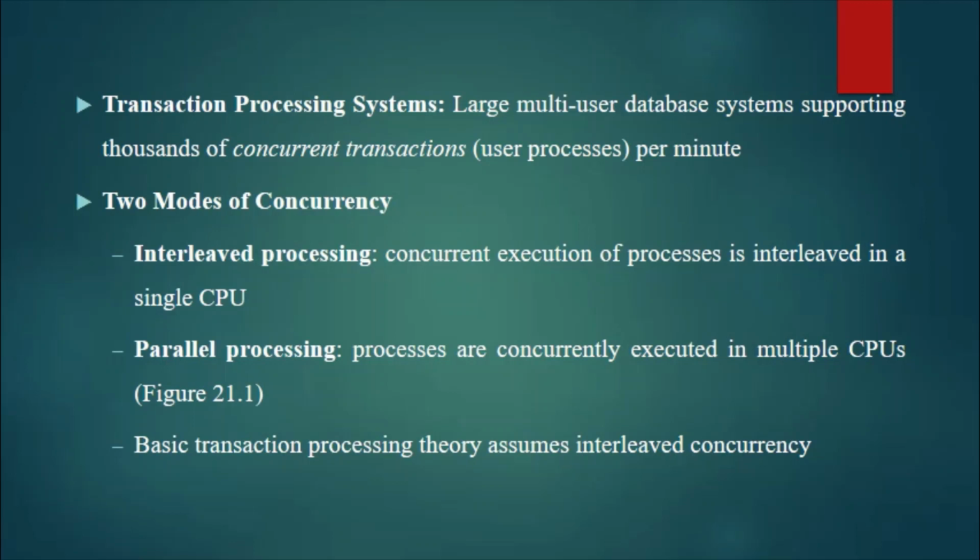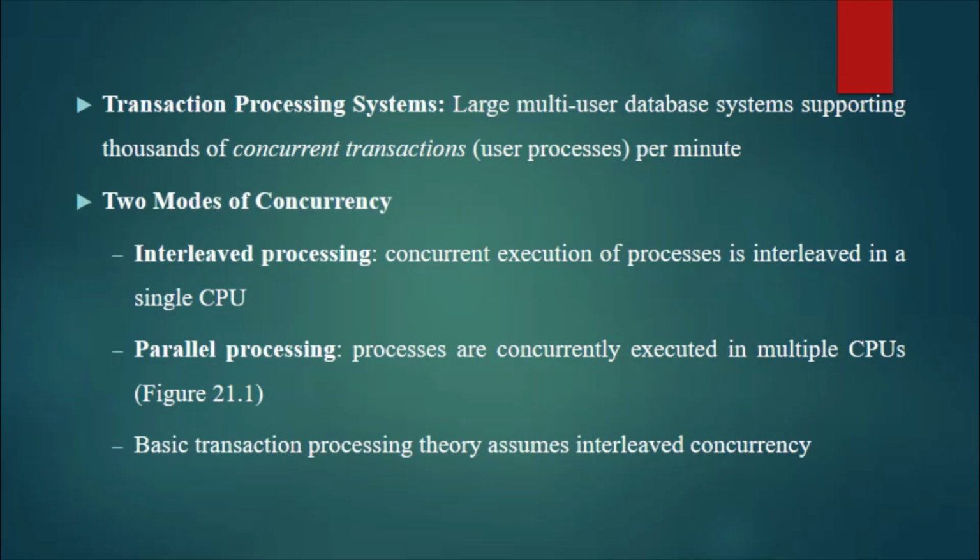The concurrent transactions are managed in two modes. The first one is interleaved processing and the second one is parallel processing. What is the meaning of interleaved processing? Interleaved processing is when the concurrent execution of processes is interleaved in a single CPU, one after another; whenever time permits, it keeps on executing concurrently.